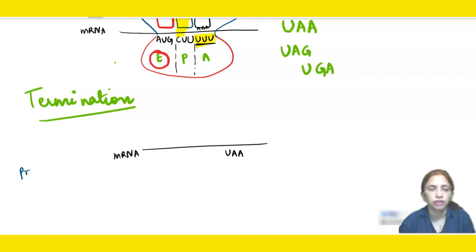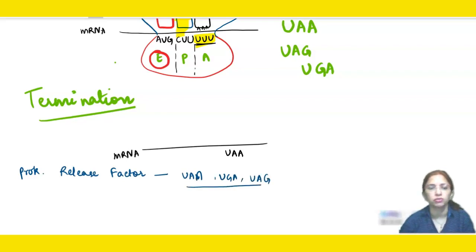Remember, if we are talking about prokaryotic termination, then the release factor is only 1, which will bring the termination. Release factor will be 1 for UAA, for UGA and UAG. For all 3 terminating codons in prokaryotes, only 1 release factor is there.